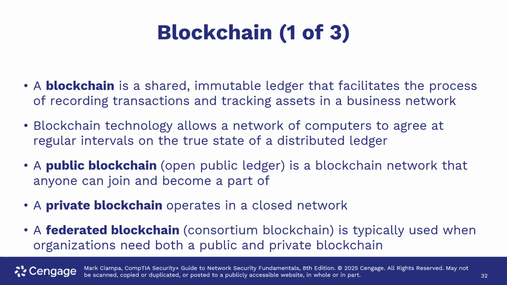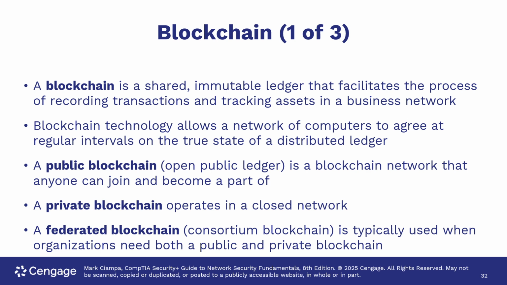Okay. Blockchain. This is becoming a popular topic. It's a shared immutable ledger that facilitates the process of recording transactions and tracking assets in a business network. And blockchain technology allows the network of computers to agree at regular intervals on the true state of a distributed ledger.